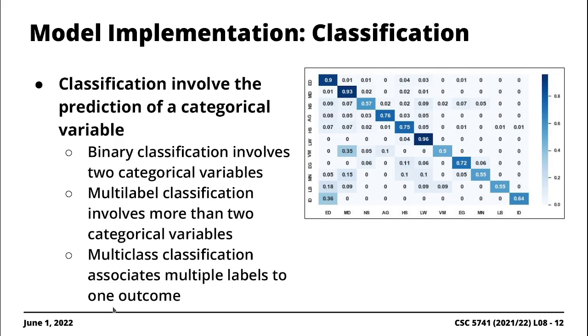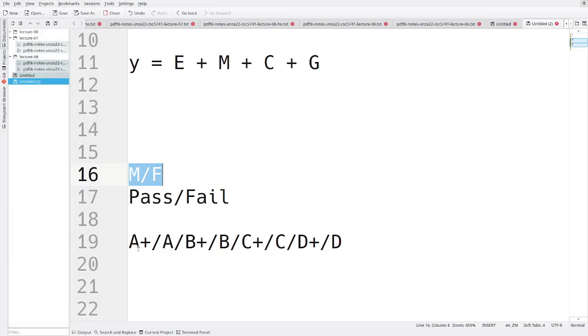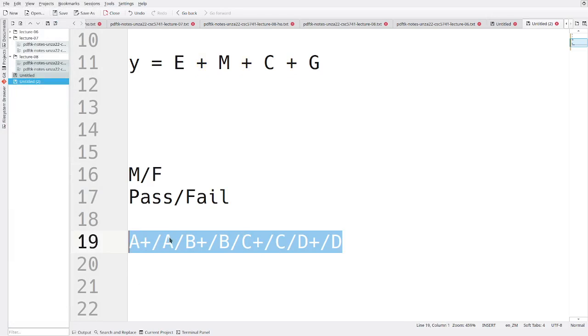Whereas multi-label classification involves associating multiple labels or multiple outcomes in the final result. There are instances where the final outcome might be associated with multiple variables, these things that you're interested in predicting.